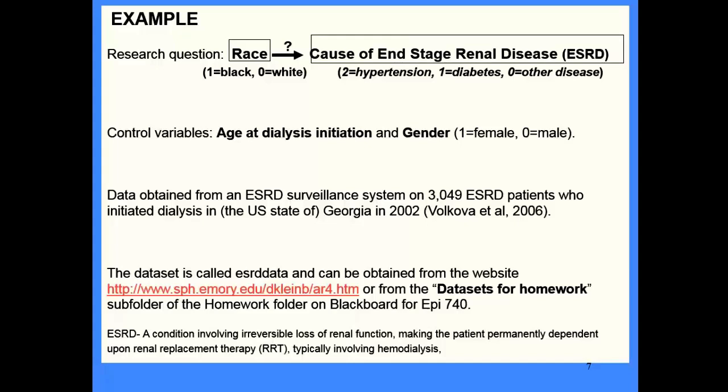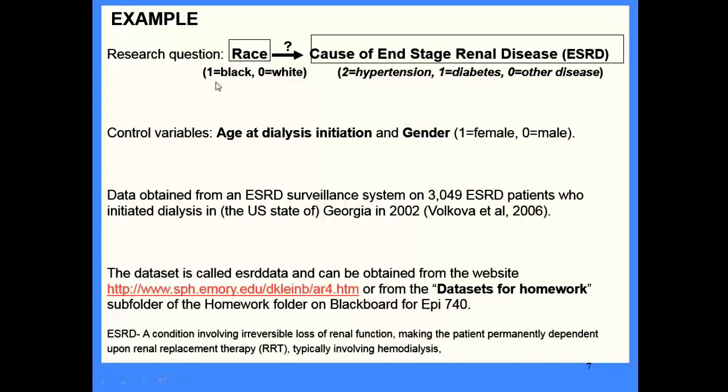So these three categories are not really ordered. If we're talking about ordered categories, then we're talking about a different kind of logistic regression generalization called ordinal logistic regression. But these are categories that really, even though I've numbered them 2, 1, and 0, are not orderable. You can't really say that hypertension is worse.